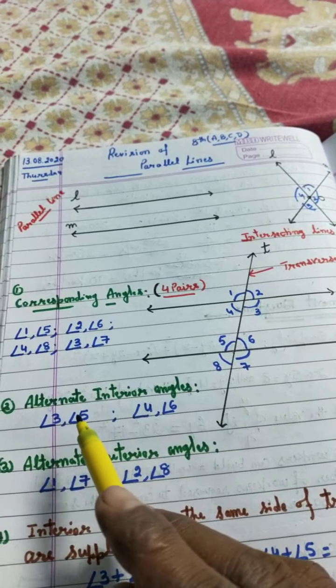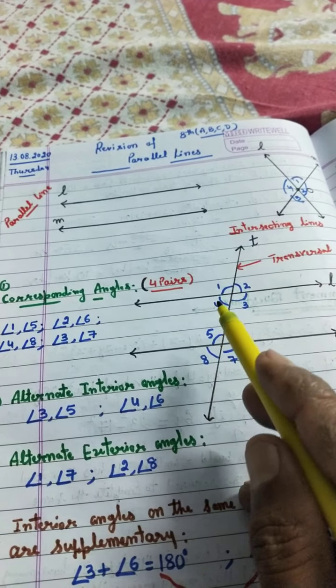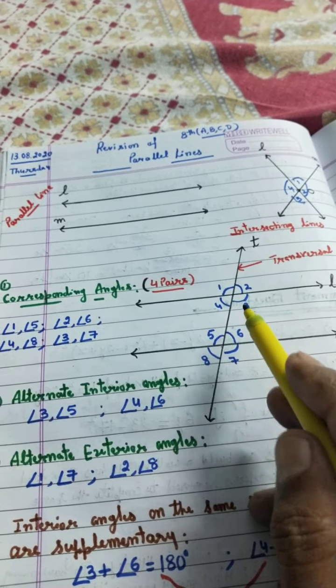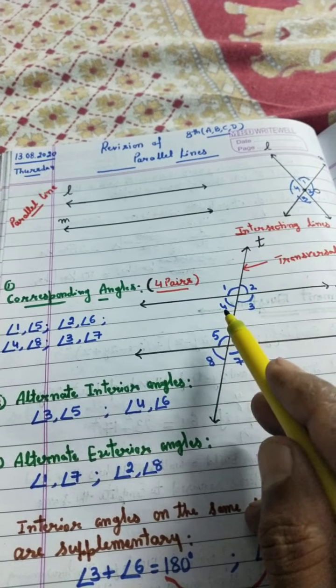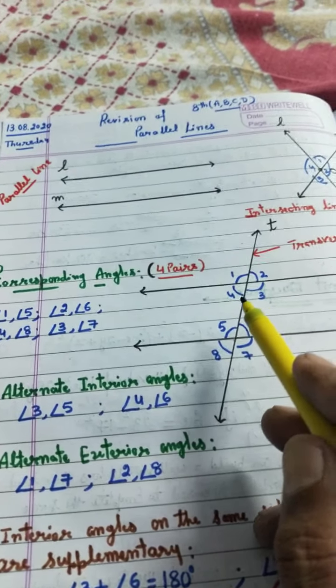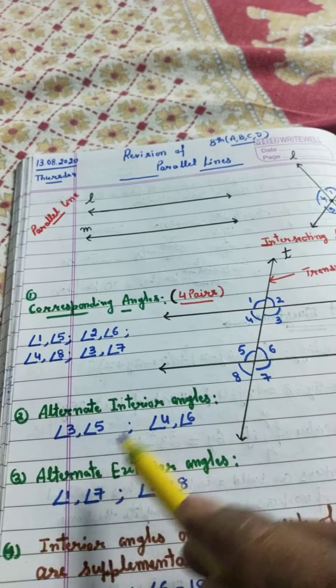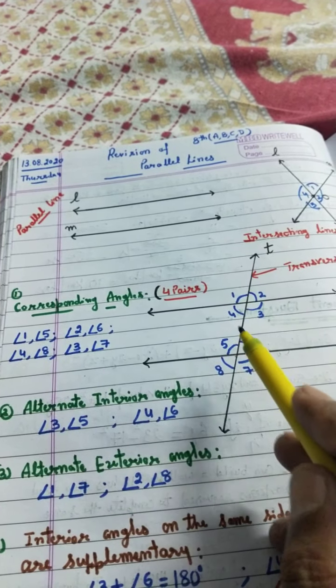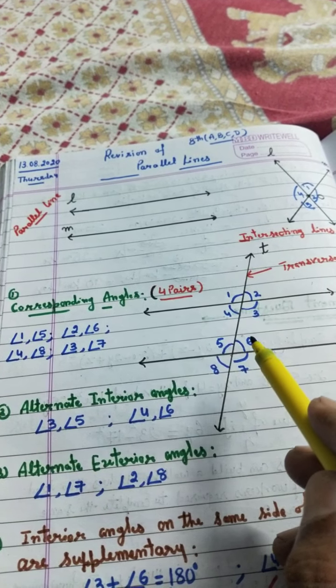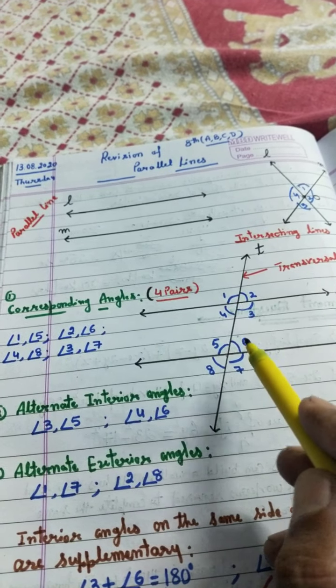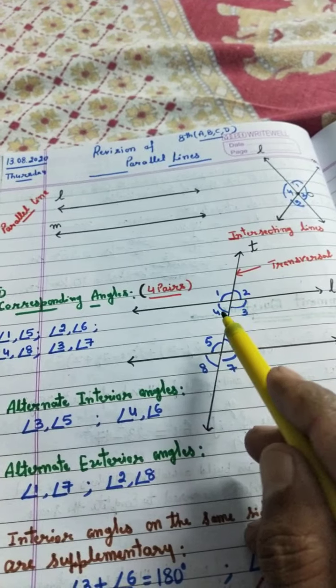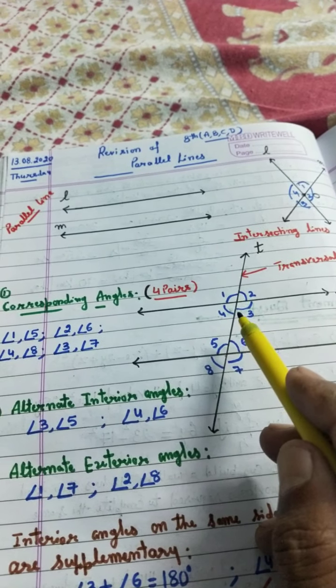Alternate interior means they lie in the interior of these two lines, but they are opposite. They do not form a linear pair. In alternate interior and alternate exterior angles, their sum is not equal to 180. So they lie on the opposite sides of the transversal.